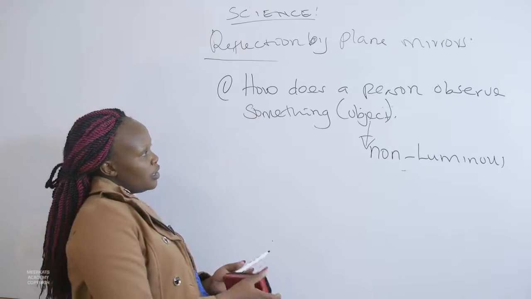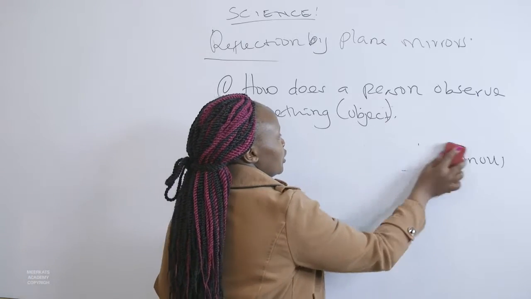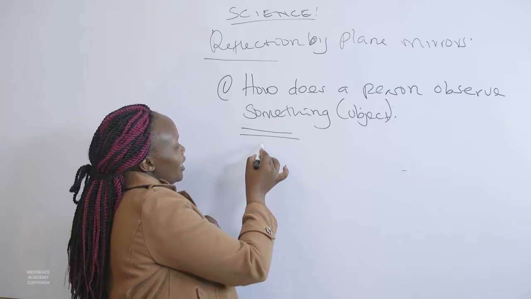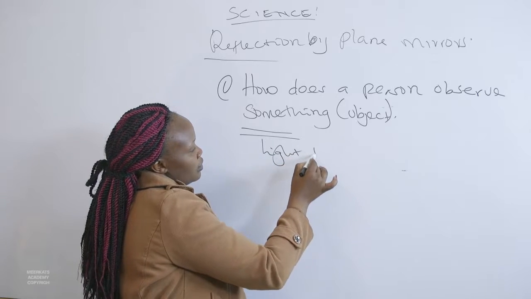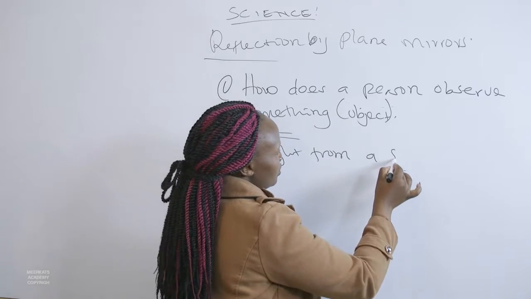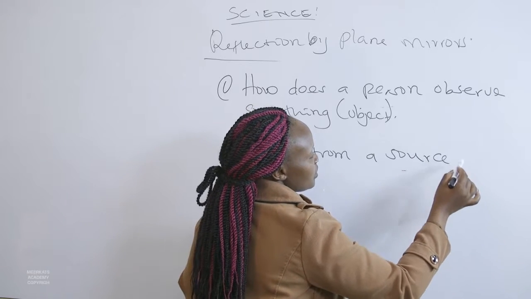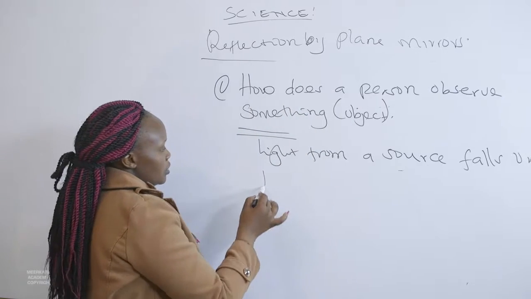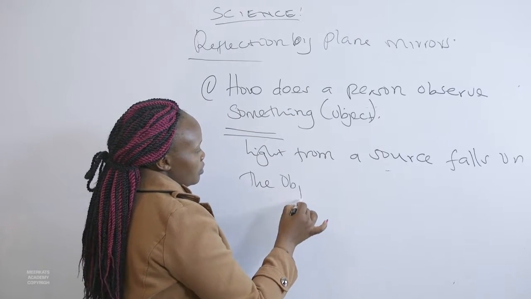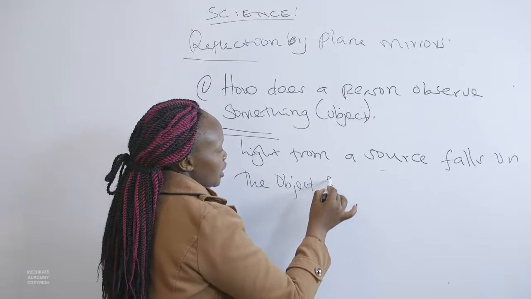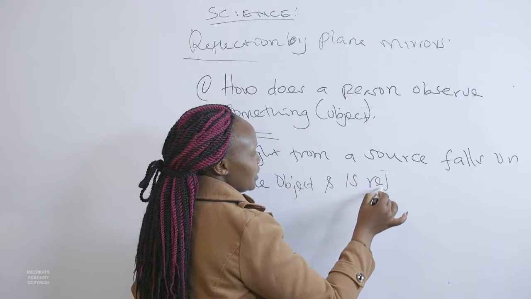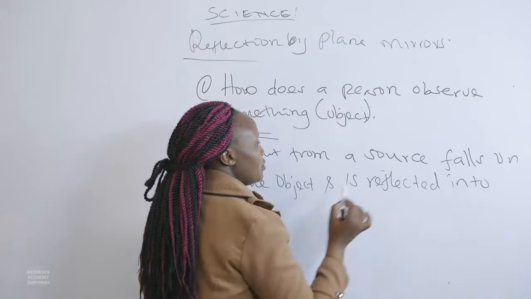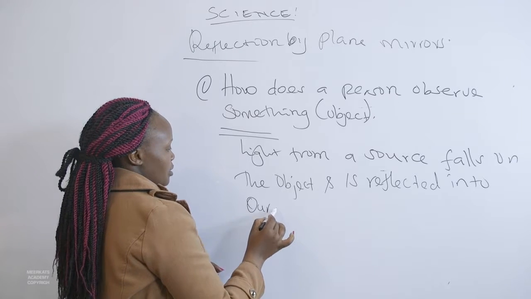So this is what we said, that light from a source falls on the object and is reflected into our eyes.